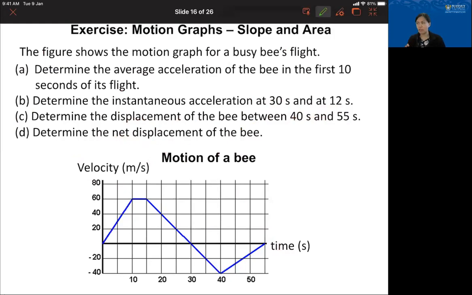I'll give you a few minutes to look at the problem and think about whether you should use the slope or the area to solve for the acceleration or displacement. Maybe you can start solving the problem, and then we'll look at the solutions after a few minutes.